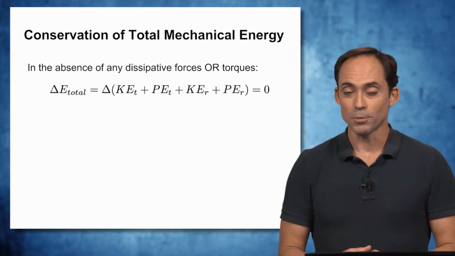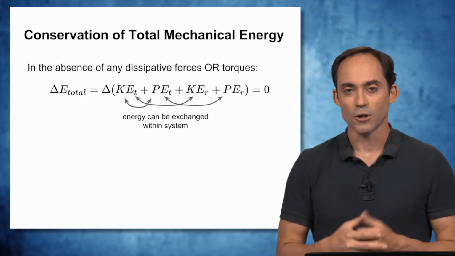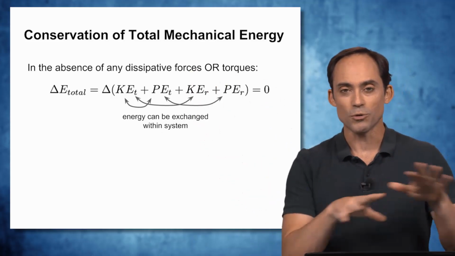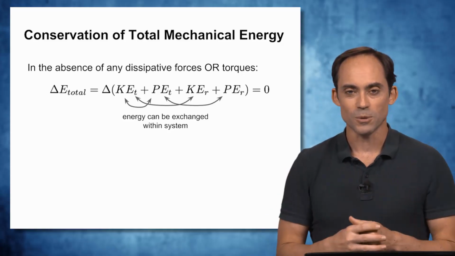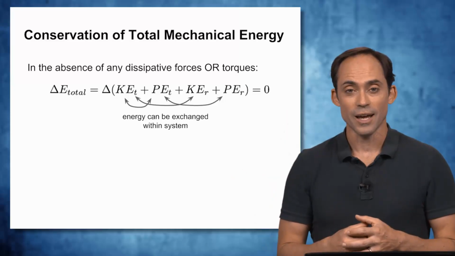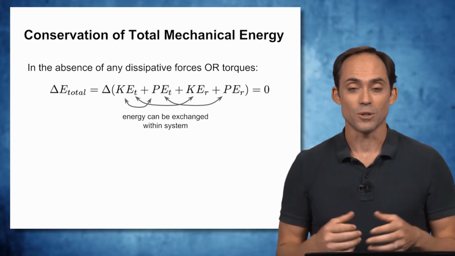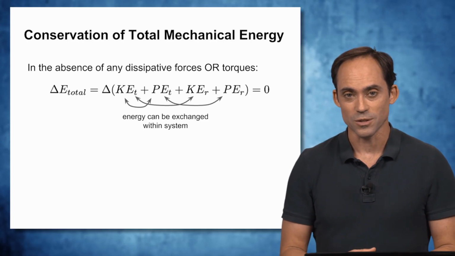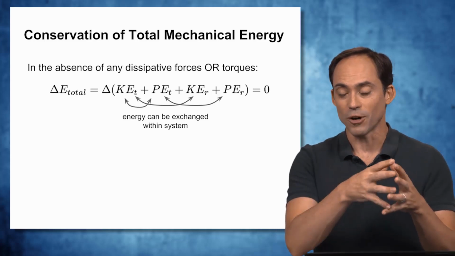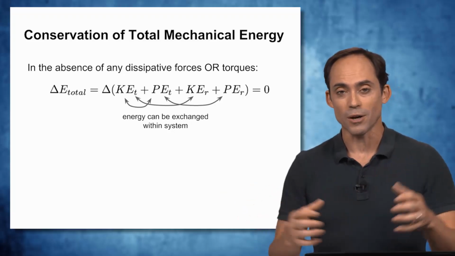This is a very powerful approach because we can see how, for example, the coupling between different motions, for example, translation to rotation, or potential energy down to both translation and rotation, that exchange of energy within our system can occur, but the total sum of all of the energy across this event or transition is going to be equal to 0 as long as there are no dissipative forces. So this will be a way of looking at how very complicated interactions occur over a certain distance or over a certain amount of rotation.